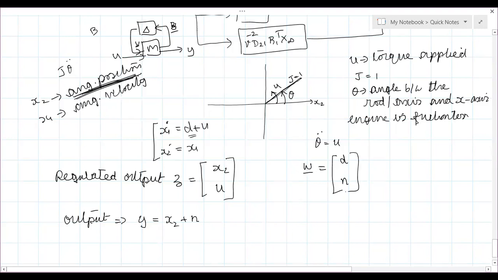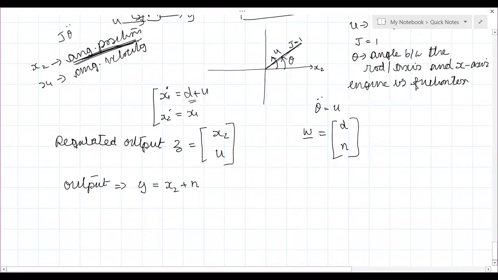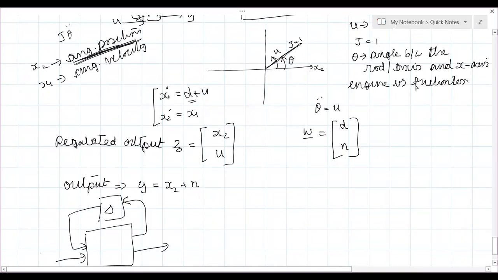Did all of you get what I'm saying? In this case, this is our perturbation and this is our plant. This is the control input U. This is the measured output Y. This was the regulated output Z, and this was the external input W. U is the control signal to the plant.